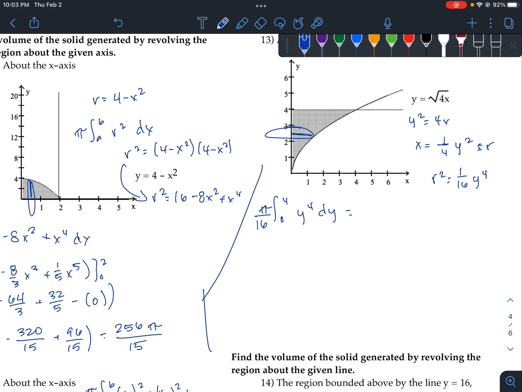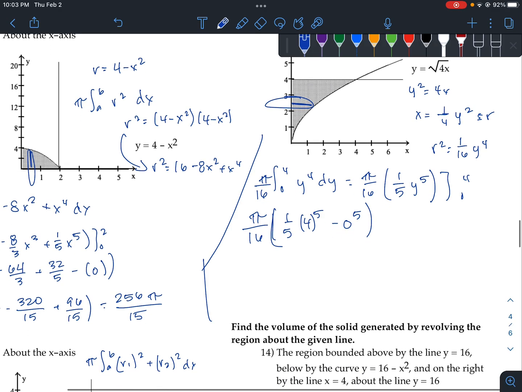Okay, so then that's going to be equal to pi over 16 times 1/5 y to the 5th, evaluated from 0 to 4. So pi over 16 times 1/5, and that's 4 to the 5th minus 0 to the 5th, which is 0.